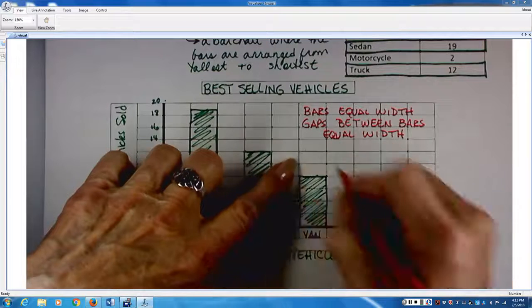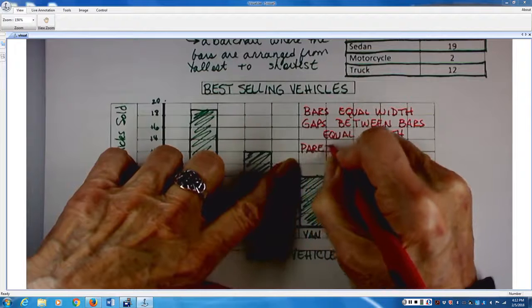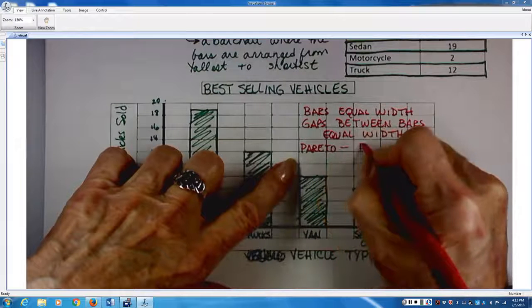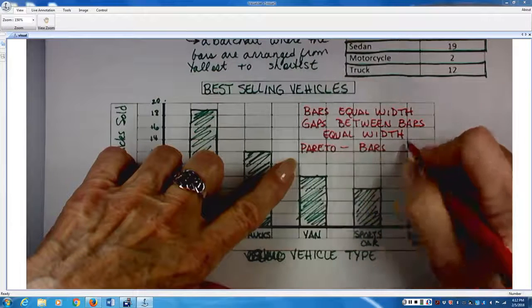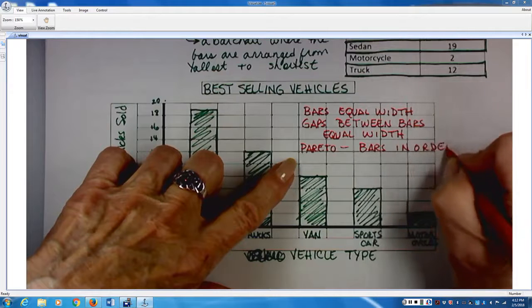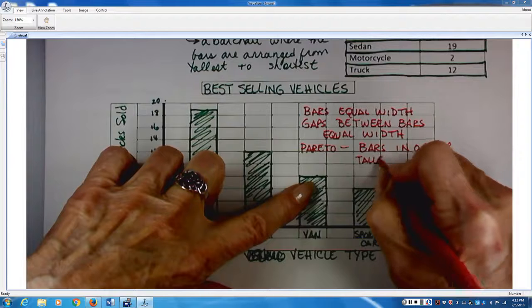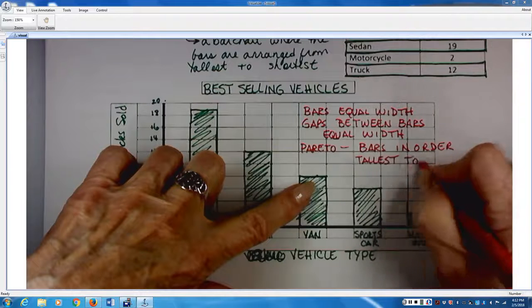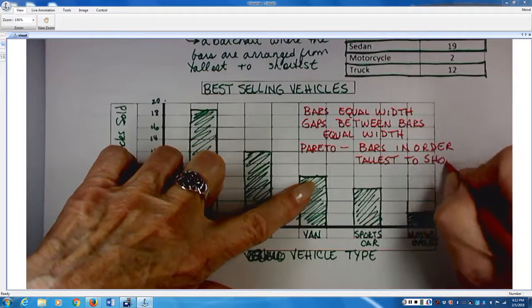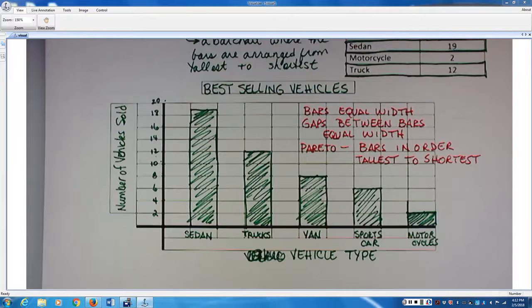And since it's a Pareto chart, the bars are in order, tallest to shortest.